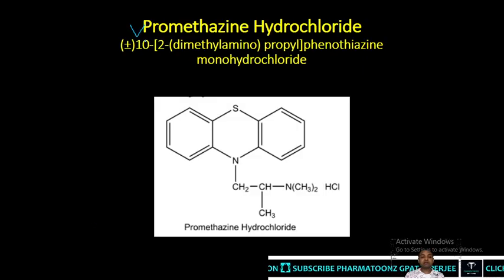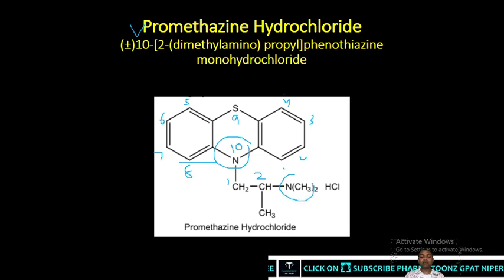Next, let us understand the IUPAC nomenclature of promethazine. As I said, this is the 1, 2, 3, 4, 5, 6, 7 and 8 positions. This is the 9 position and this is the 10th position. On the 10th position, at the 1 and 2 positions, a dimethylamino group is there.